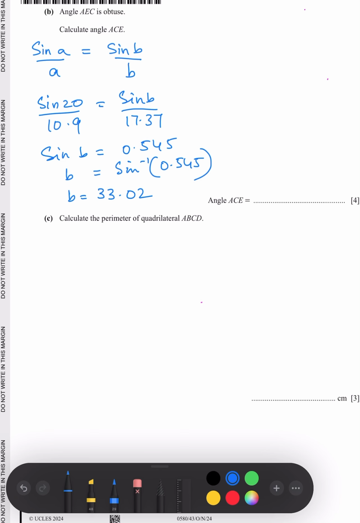So this is angle AEC, but in the question it is mentioned angle AEC is obtuse. So we will subtract it from 180. 180 minus 33.02 is equal to 146.975. So this is the angle AEC.